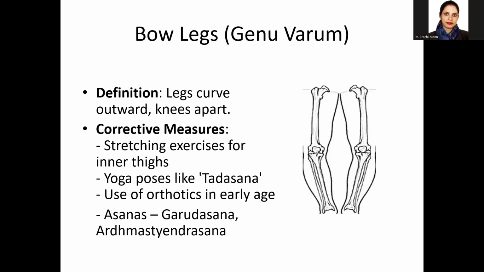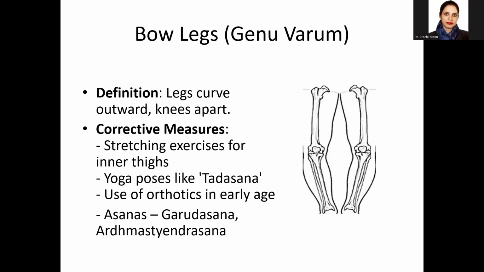The leg curves outward at the knee while the feet and ankles touch. It is more often seen in infants and toddlers, and it may be caused by lack of vitamin D, calcium, and phosphorus, and it can be cured easily in the early ages of development.